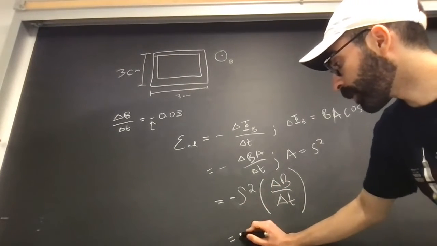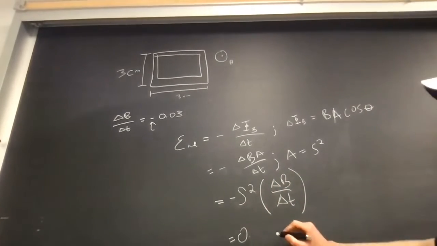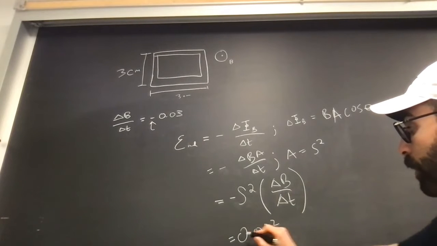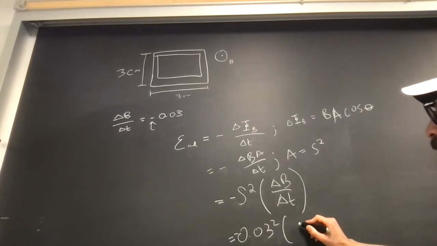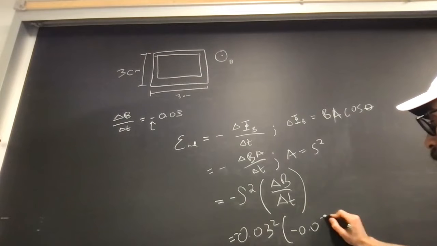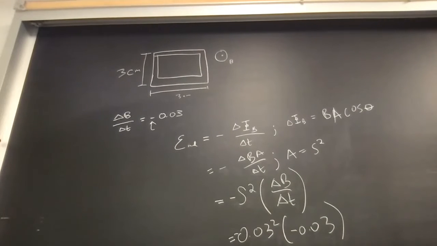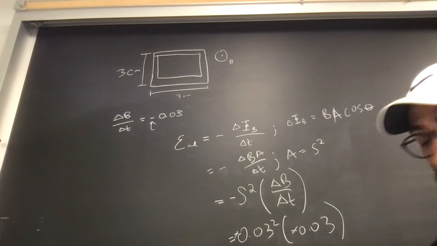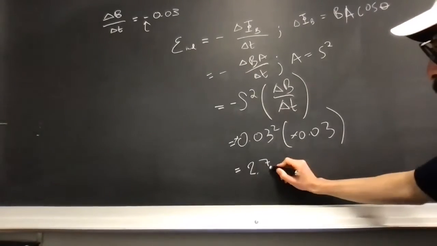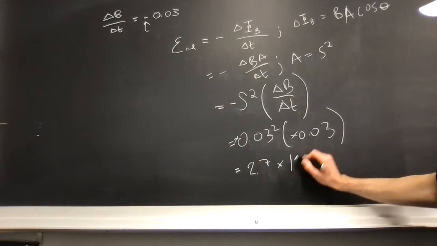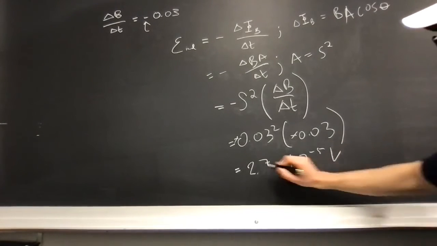We just plug in 0.03 squared times that, and our negative here cancels out with this negative, which is very nice for us. It comes out to some very small number, 2.7 times 10 to the minus 5 volts.